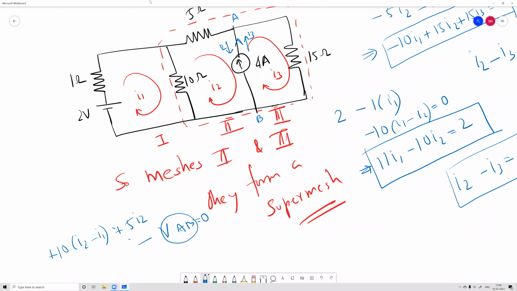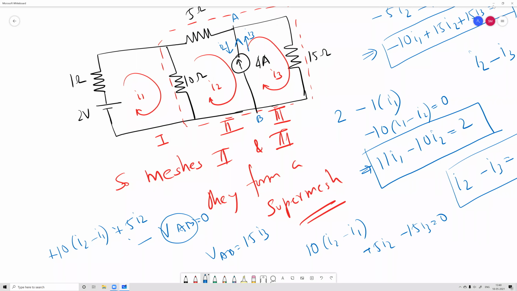Yes, I got it. Then you have to take this VAB equal to 15 times I3. So now you have to write 10 into I2 minus I1, plus 5 I2, minus 15 I3, that is 0.